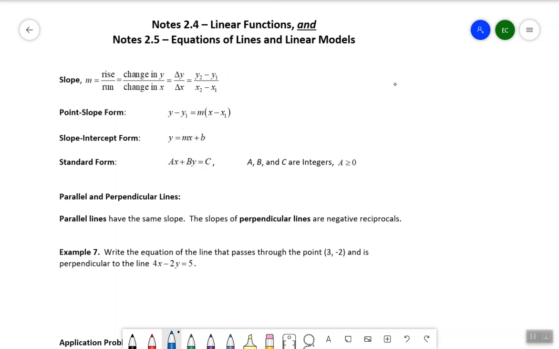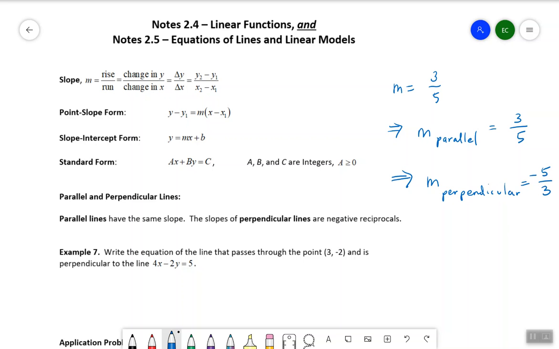So, for example, if we know that the slope of a line is 3/5, then the slope of a parallel line is also 3/5, and the slope of a perpendicular line is going to be -5/3.